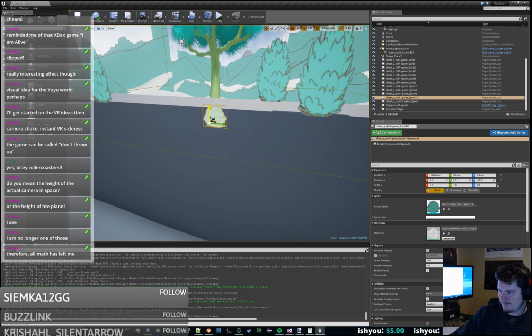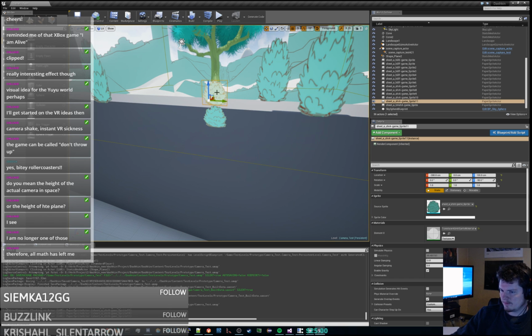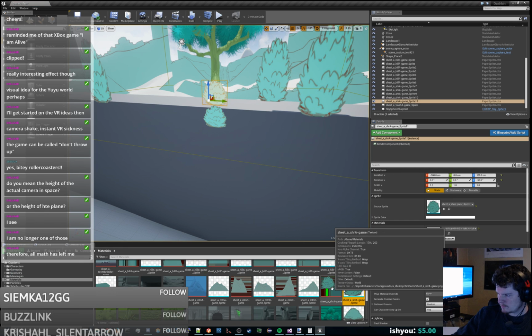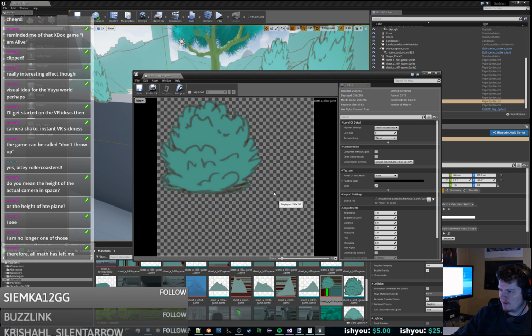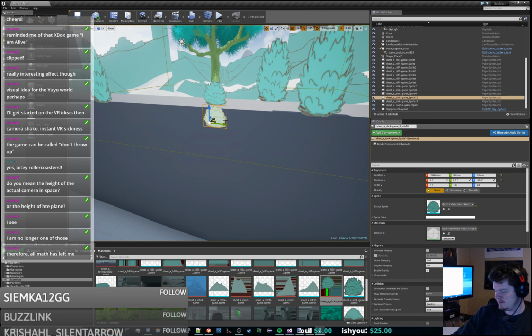we need to make another bush that's right on top of it. That's 150 units tall. And this is the texture, and the texture is 256. So it looks like 100 is the scale.